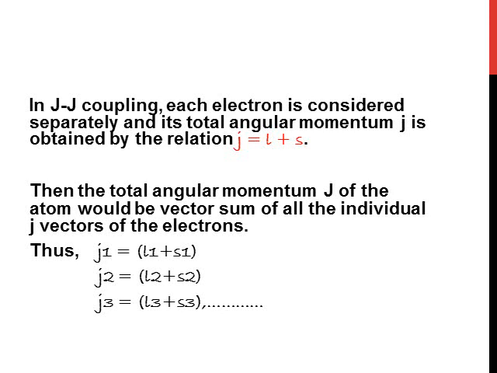J3 is the summation of the orbital angular momentum and spin angular momentum of the third electron. In this way, we combine the orbital and spin angular momenta of each electron, which gives the total angular momentum of the first electron, second electron, third electron, and so on.